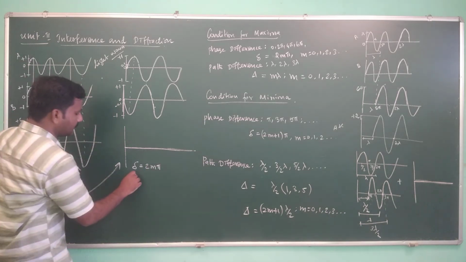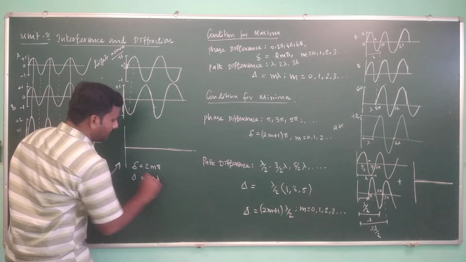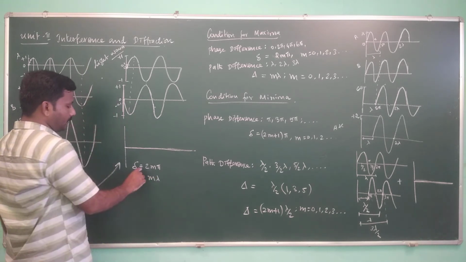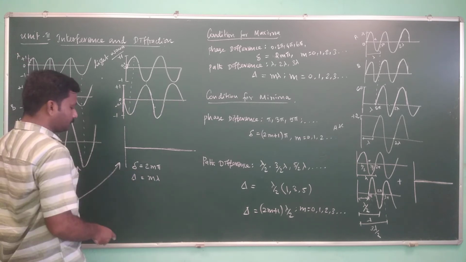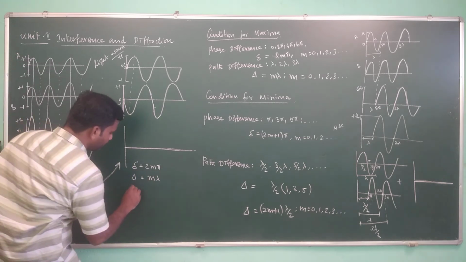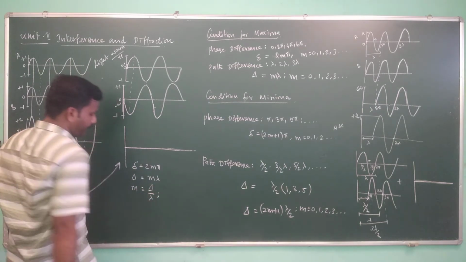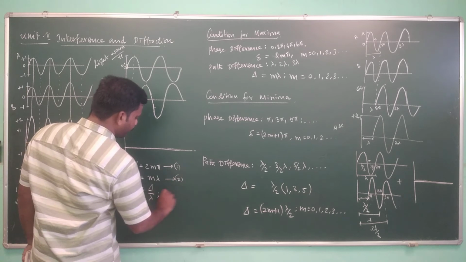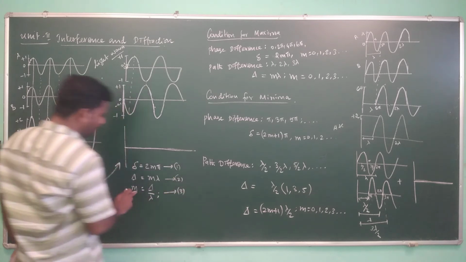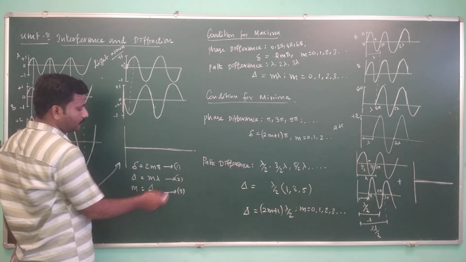Path difference delta is equal to m lambda. We need to create a connection between these two. So we write this in terms of m equal to delta by lambda. So let's say this is 1, this is 2 and this is 3. Substitute the relation for m in terms of delta and lambda into equation number 1.